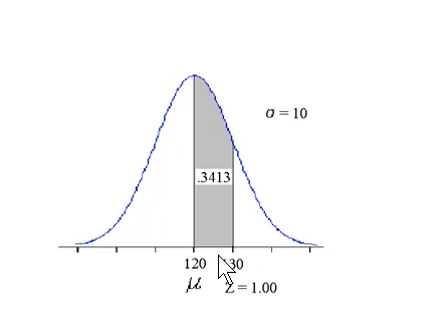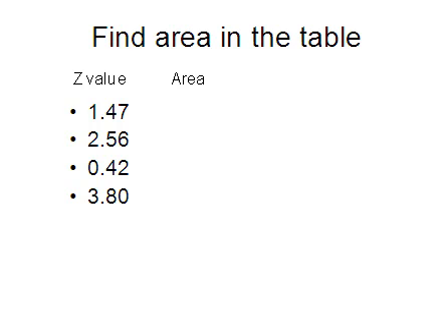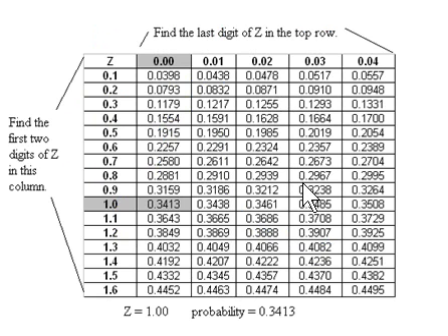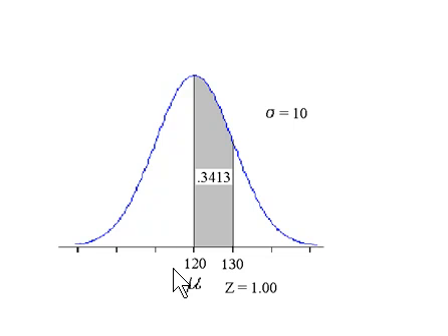Therefore, the area between 120 and 130 is 0.3413, or the probability. Now, if you go one standard deviation below the mean, that would also be 0.3413, for a total of 68%. So that's where the 68% comes from.